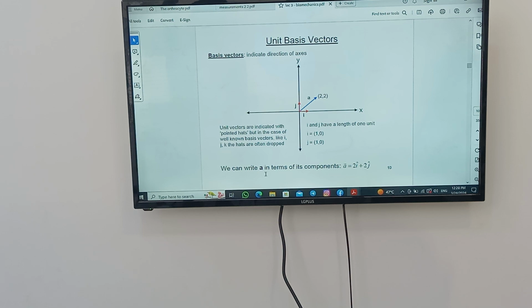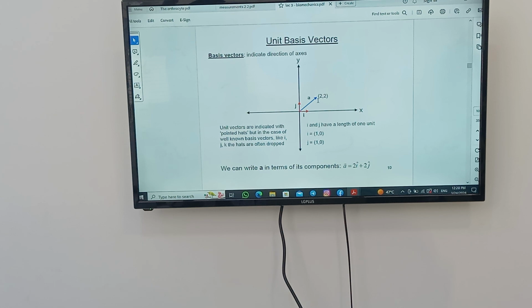We can write A in terms of its components. A equals 2i plus 2j, because we said that i and j, these unit or basis vectors, are well known, and they have a length of 1 unit. So we can take them as a base for other unknown vectors, like the point A that we have here.